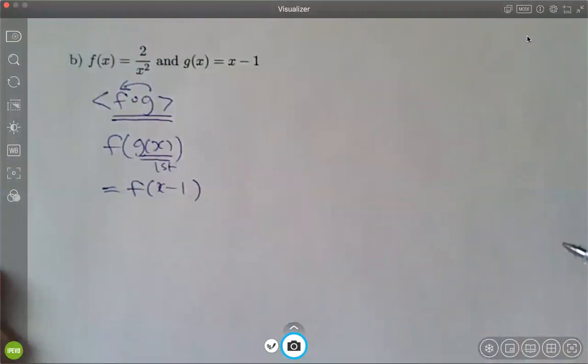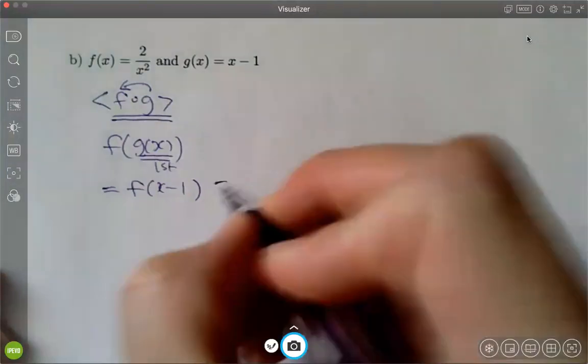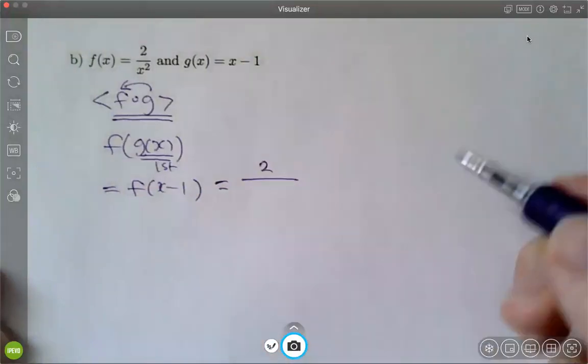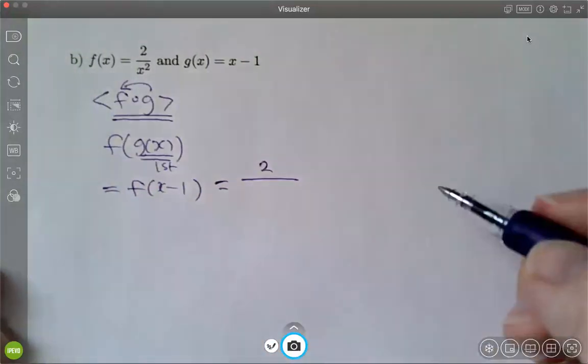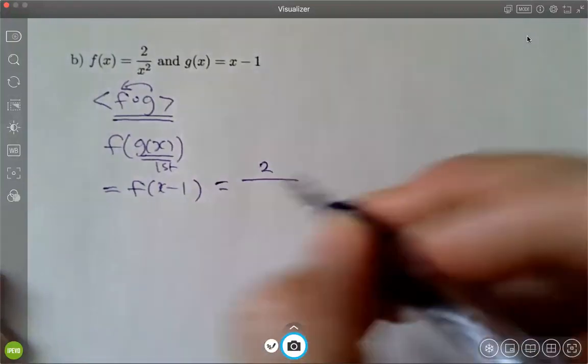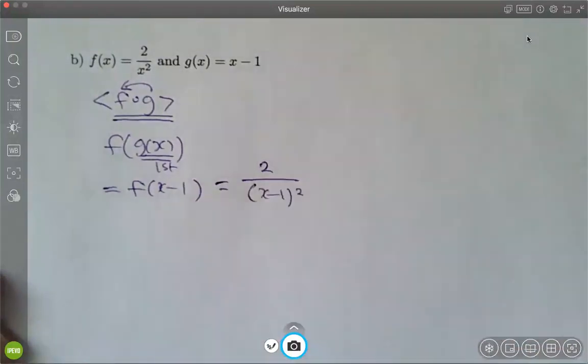Replace x in f by x minus 1, right? So where is x in f? The 2 at the top stays the same, and then instead of x squared, x minus 1 needs to be squared. Is that right? Now if you want, you can fold the bottom, but you don't have to, that's okay.